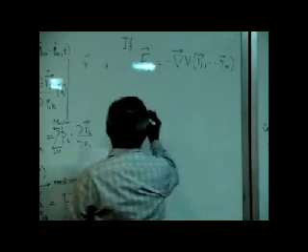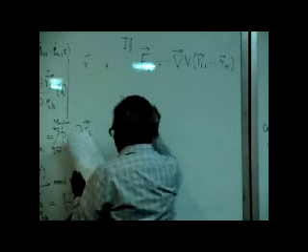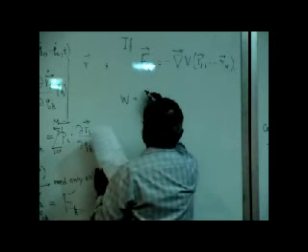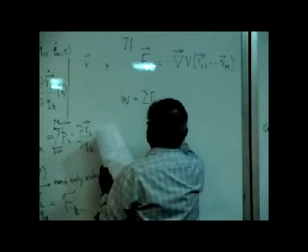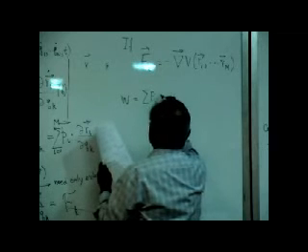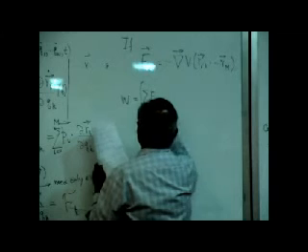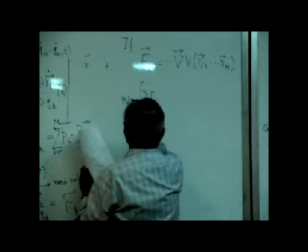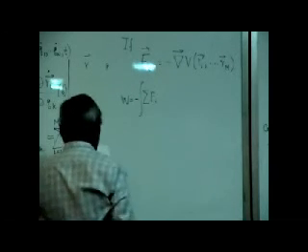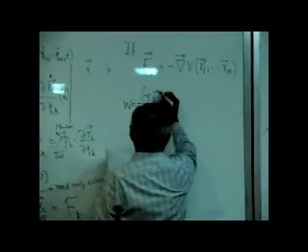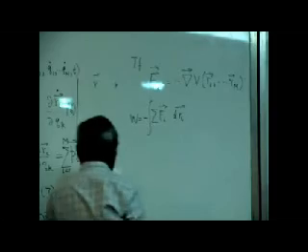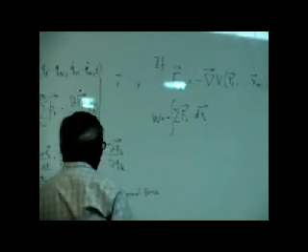then my W for this would be the summation of F_i dot integral, I'm writing W, integral with a minus sign, F_i dot dr_i, which is equal to minus.